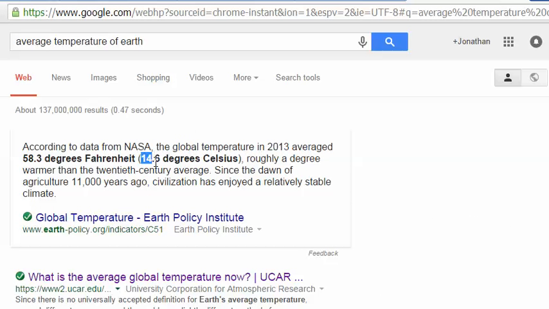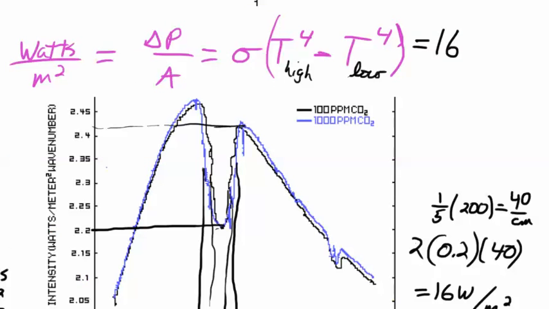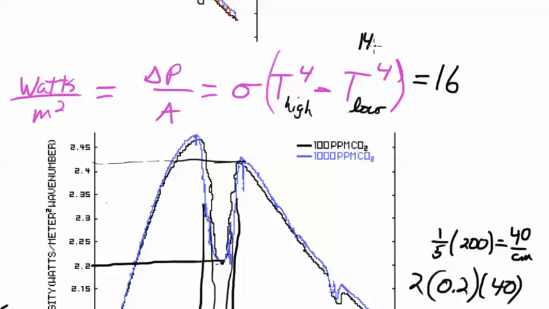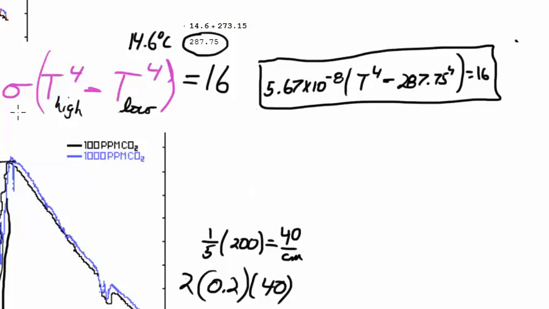And then for the low temperature, I'm going to use 14.6 degrees Celsius. So 14.6 degrees Celsius is about 287.75 Kelvin. So here's the equation we want to solve for T. We have sigma, which is 5.67 times 10 to the negative 8th. We have T high, that's what we want to solve for. We have T low is 287.75, and we have 16 watts, which we just calculated.